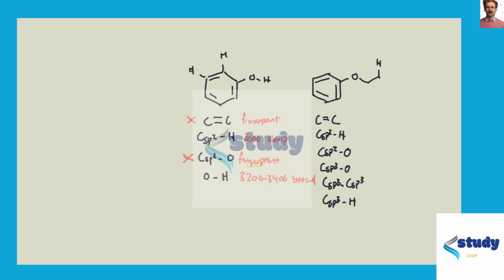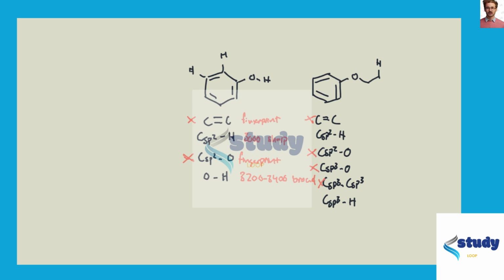So which of these have diagnostic stretches? Well, we know that the carbon-carbon does not. We know that the sp2 carbon-oxygen does not. And as it turns out, sp3 carbon-oxygen bonds are also in the fingerprint region. So are sp3 carbon-sp3 carbon, which leaves us with two diagnostic stretches.